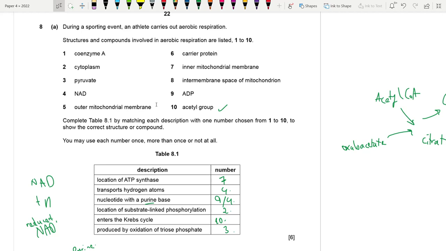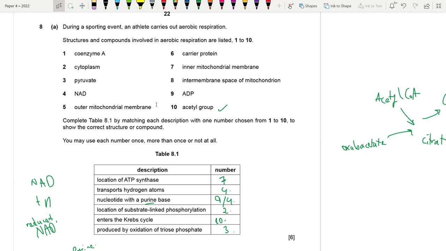Nucleotide with a purine base. Okay guys, I'm going to teach you about nucleotides. Nucleotides are of two types: purines or pyrimidines. Purines are the double ring structures, adenine and guanine, and pyrimidines are the single ring structures: uracil, cytosine, and thymine. So the purines are adenine and guanine.